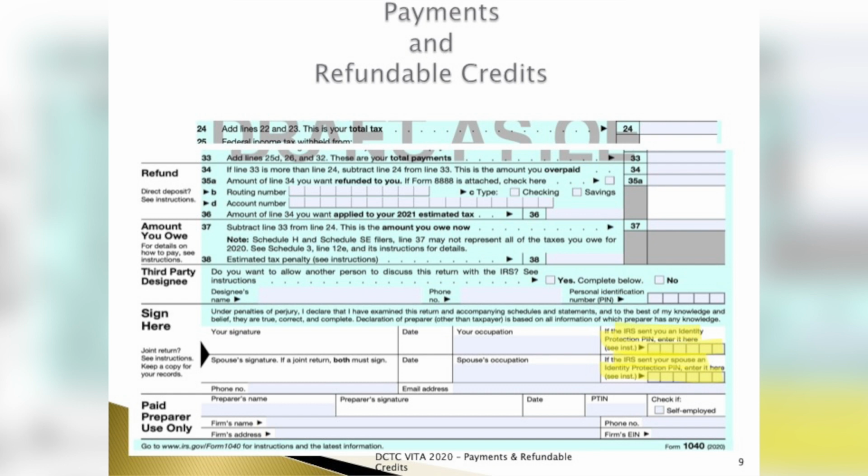The taxpayer may choose to pay through direct debit method, or they may choose to pay in installments with a payment agreement, or they may choose to pay the full amount by the due date of the tax return, generally April the 15th. This issue can be resolved through the TaxSlayer software as well.